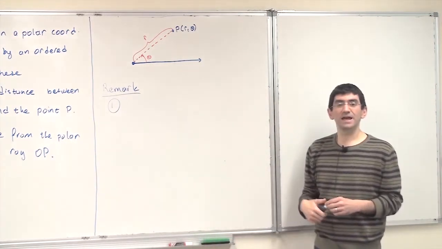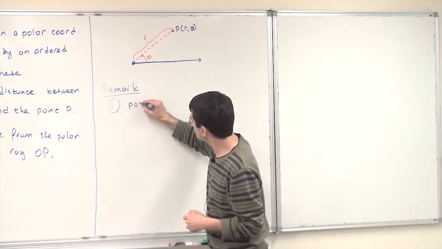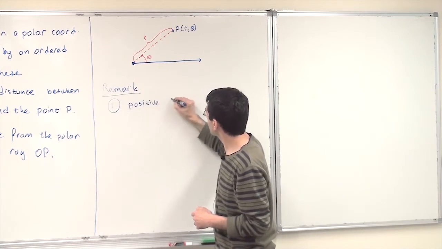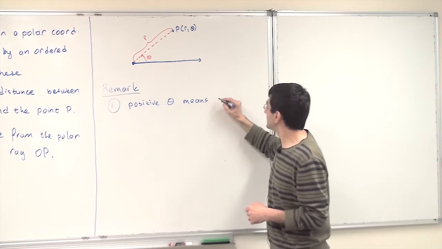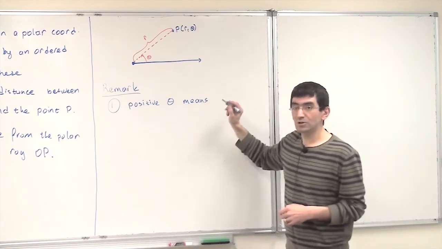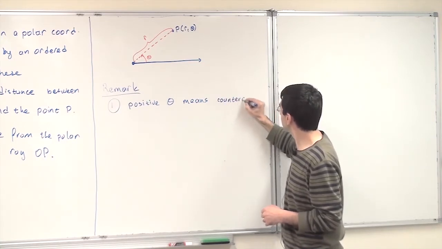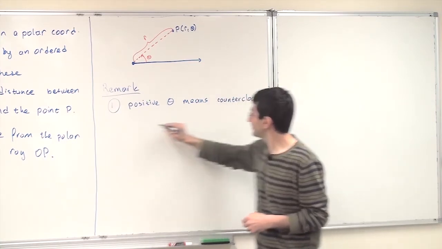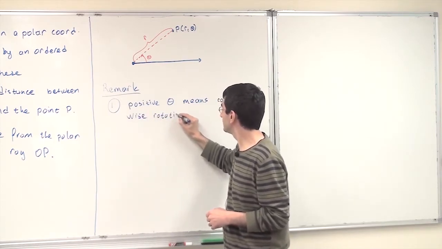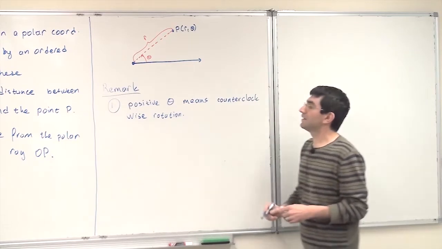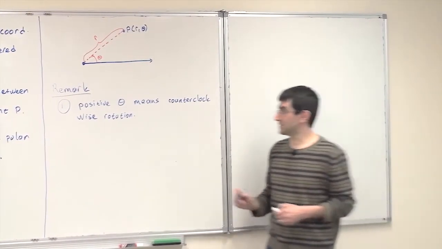So the angle theta has a direction, and the positive direction for theta is a counterclockwise rotation. And therefore, the negative theta will mean clockwise rotation.